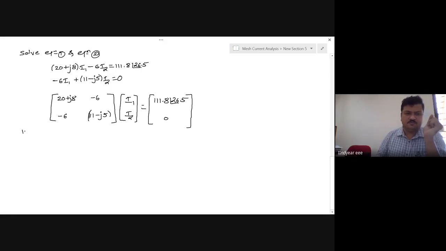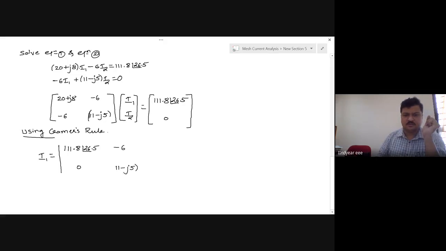Using Cramer's rule, I1 is equal to the determinant where the first column is replaced by the voltage matrix, 111.8 at an angle 26.5 and 0, and the second column is written as it is, divided by delta.